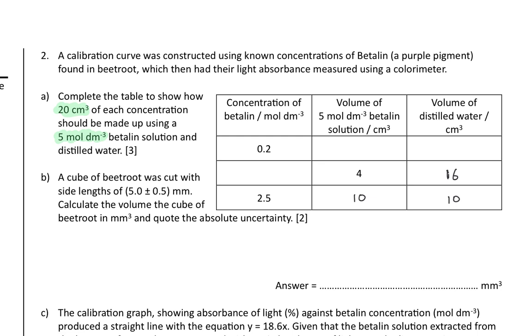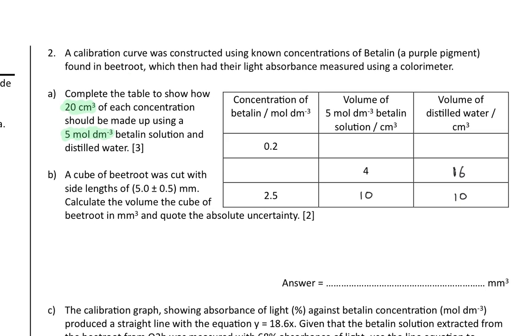So 0.2 of 5 molar has to be the concentration. So here I put, so this is just 1.0. What I've done there is, if we take the 2.5 one, 10 divided by 20 is a half. Half of the 5 molar must be my concentration here.